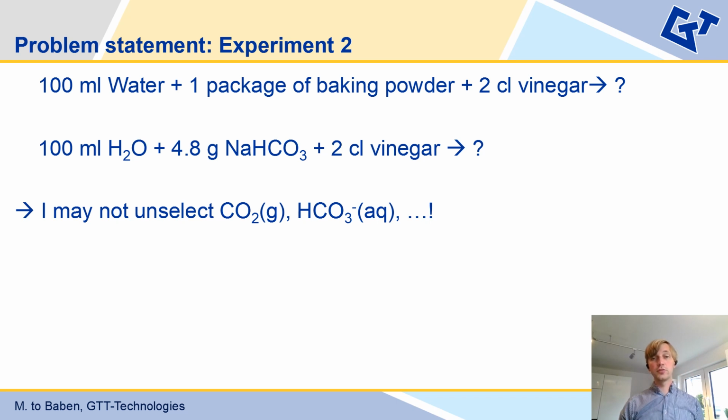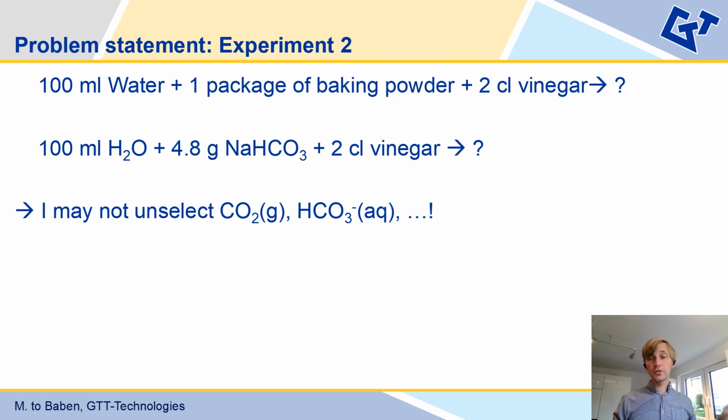I have my 2 centiliters of vinegar, mix it, and then I add my package of baking powder, so 15 grams of baking powder, which means 4.8 grams of sodium bicarbonate, and you can see directly bubble formation and release of CO2. Let's let it settle and continue.